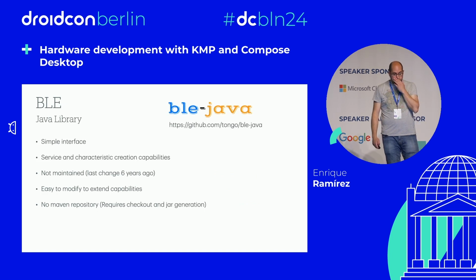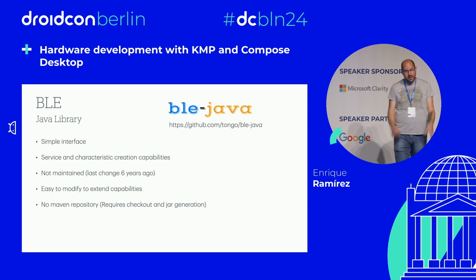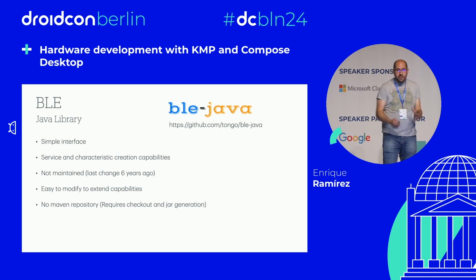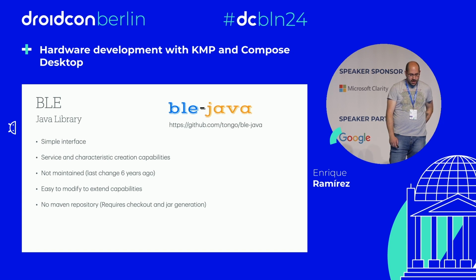And for that, I found a library to be able to create the service. The library hasn't been updated in a while. It doesn't have the beautiful DSL that Pi4J has, but I'm very thankful that someone wrote that. And it gives you a simple interface to be able to create this Bluetooth service.